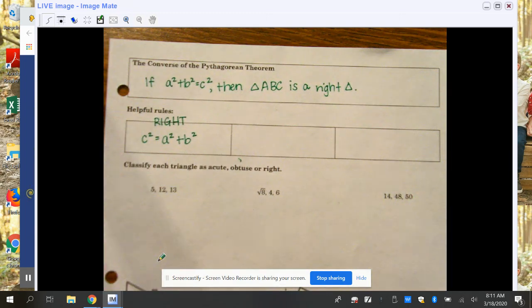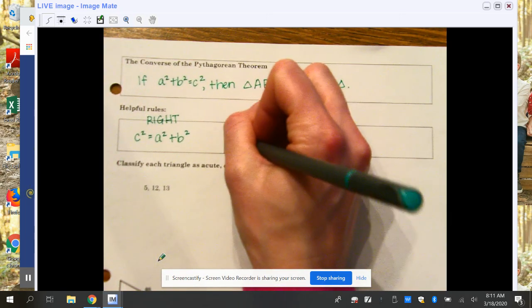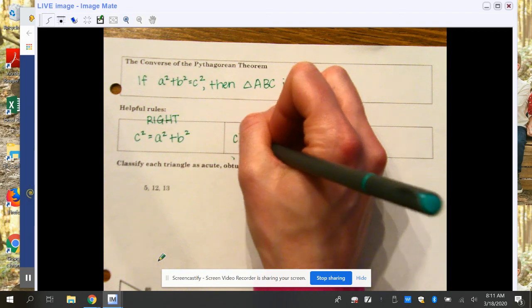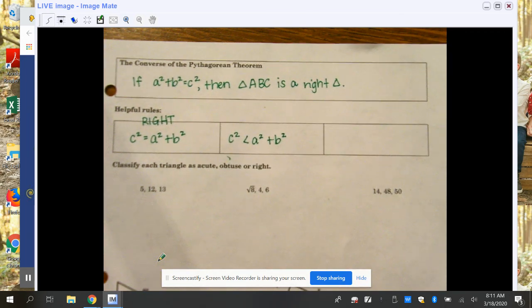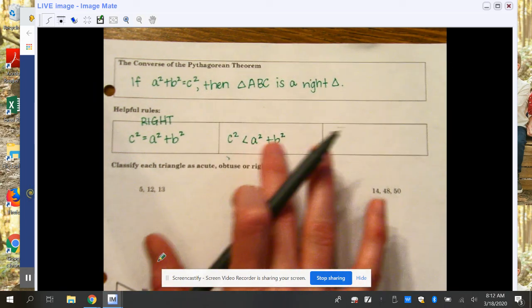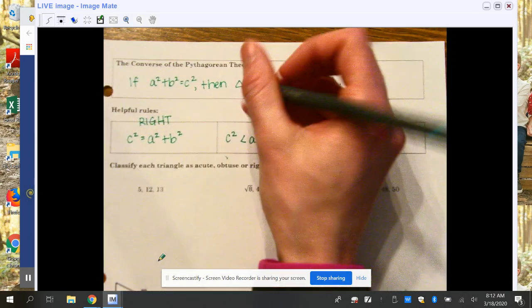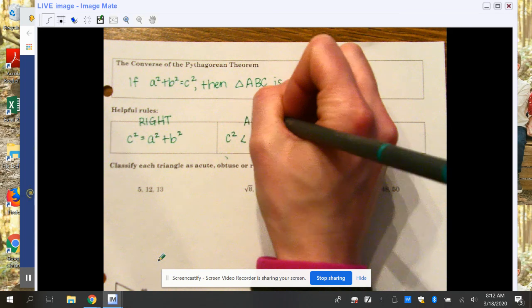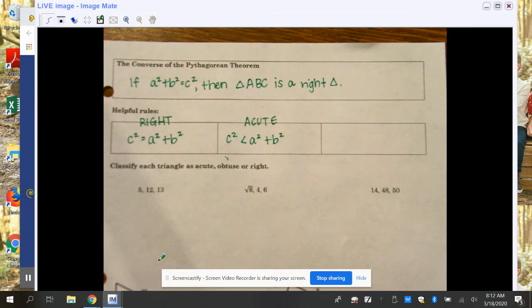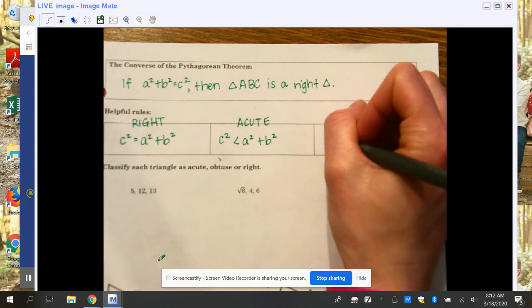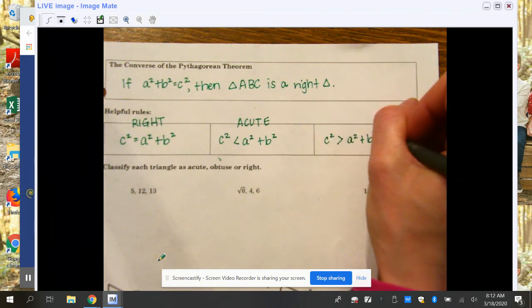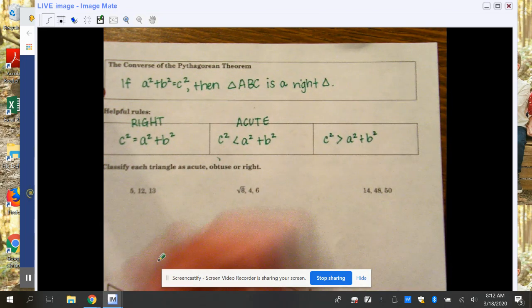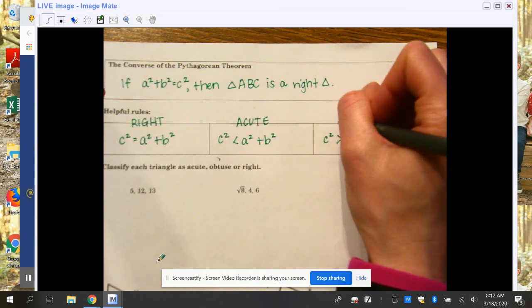And if c squared is less than a squared plus b squared, so if that longest side is smaller than the squares of the other two, then that means it's acute. And if c squared, that longest side, is greater than the sum of the squares of the legs, then that would be obtuse.